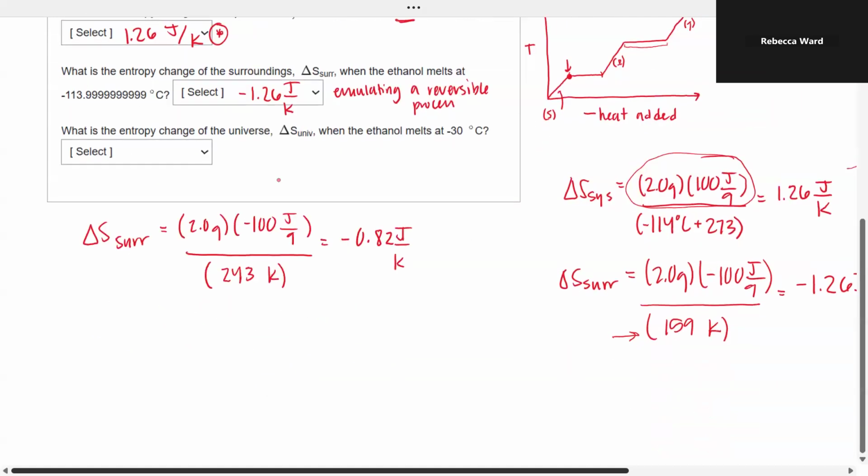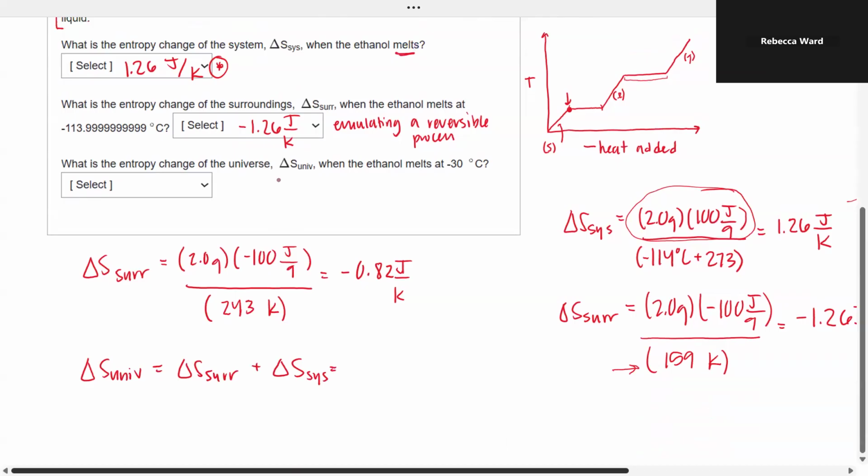So now I get to calculate delta S of the universe as the sum of these two terms. And that's from the first question, 1.26 plus a negative 0.82, which is 0.44 joules per Kelvin. So that is positive.